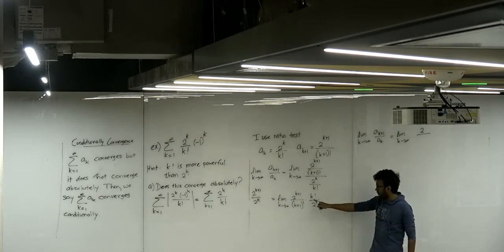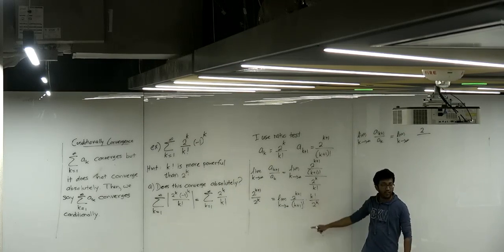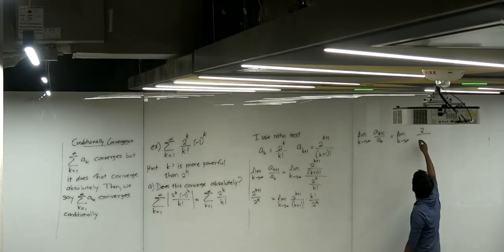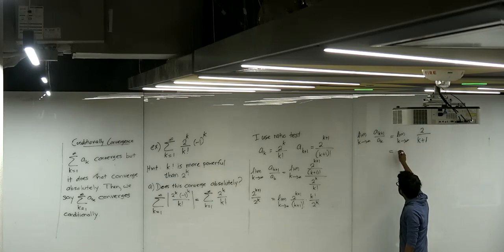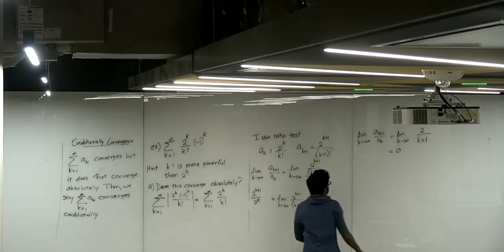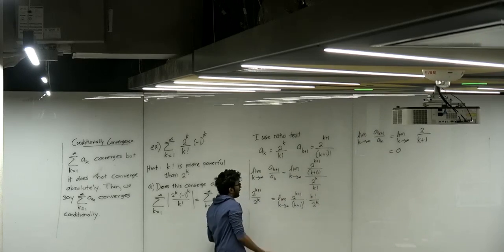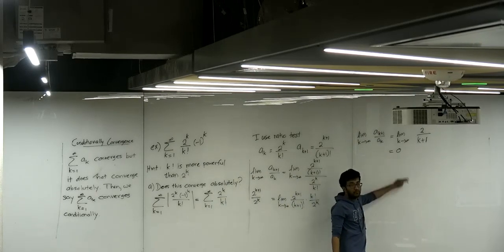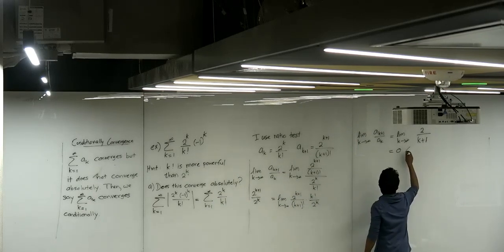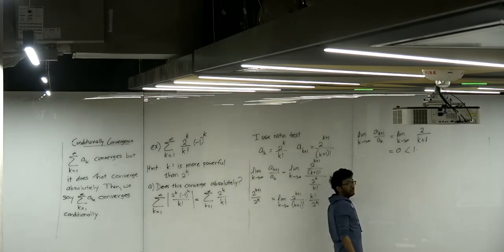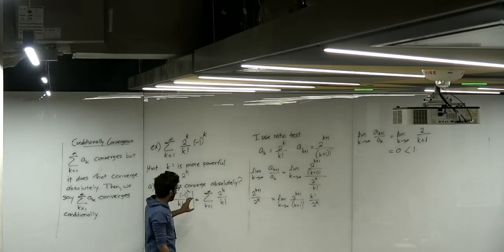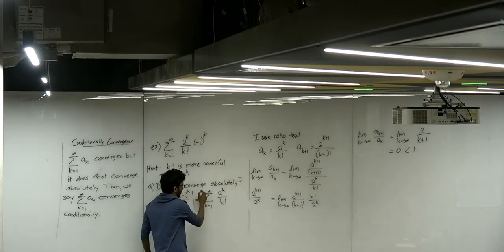So what would you get from here? If you divide factorial k by factorial k plus 1, what would you get? k plus 1 in the denominator. Now what can you say about this one? The limit is 0, right? Because the denominator is getting bigger and bigger when k tends to infinity. As a result of that, I would get 0, and this is less than 1. So from the ratio test, we can conclude that this series converges.